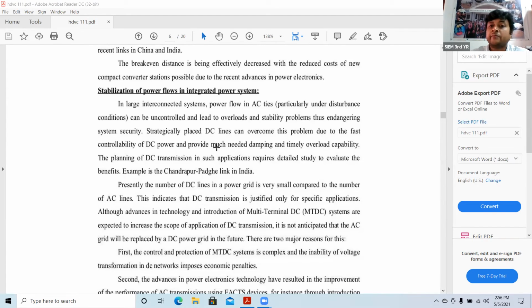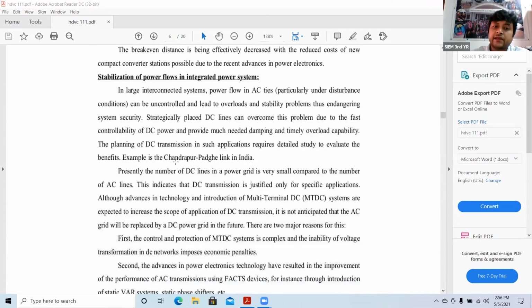Damping means it becomes stable. Okay, the planning of DC transmission in such application requires detailed study to evaluate the benefits. Example is the Chandrapur-Padghe link in India. Okay, this thing I have already shown in the slide.